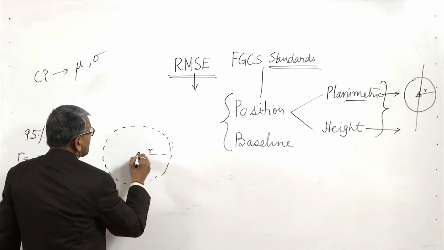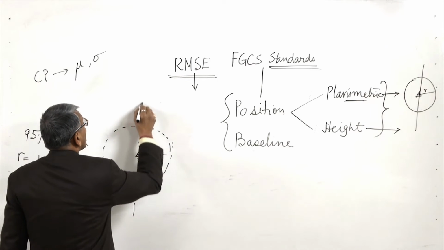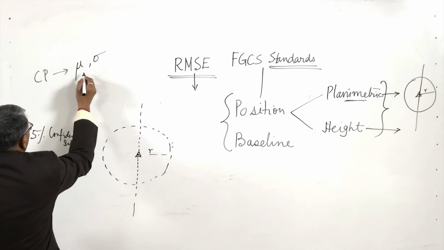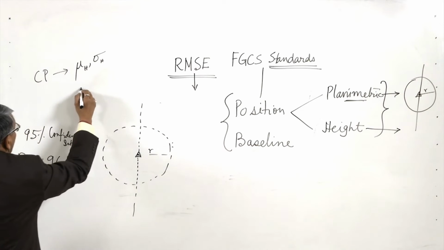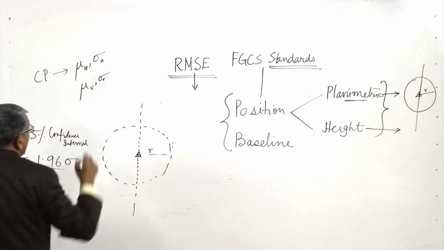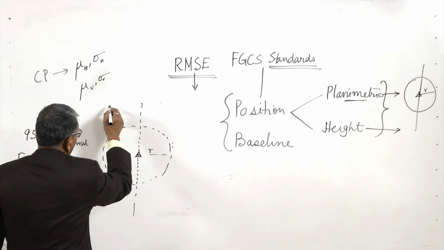Now, corresponding to this location, again we can take a vertical line, which is again for the control point; this is for horizontal position, and for vertical position mu and sigma. So again 1.96 sigma we can take.